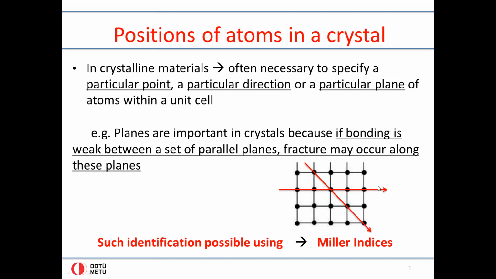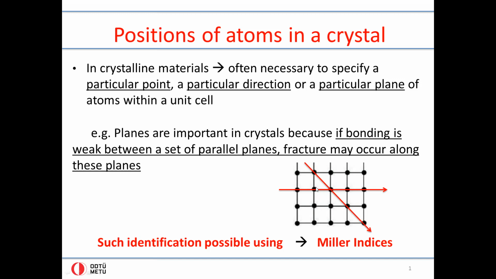If you look at the number of atoms in this direction per given length, you see that you have 5 atoms along 4 distances. And here in this direction, you have 4 atoms along a similar distance, in fact, a greater distance.